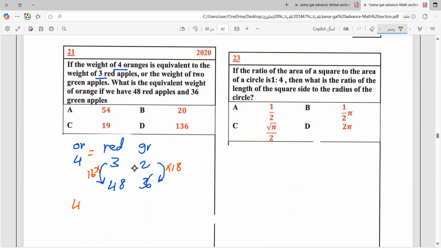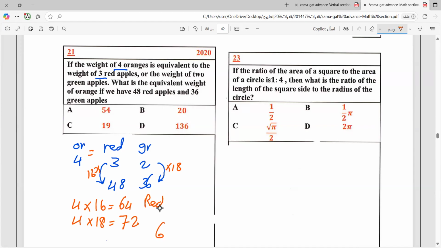You multiply first 4 times 16 equals 64. This is for red. This is the ratio. And also you multiply 4 times 18, you get 72. Then we add them.